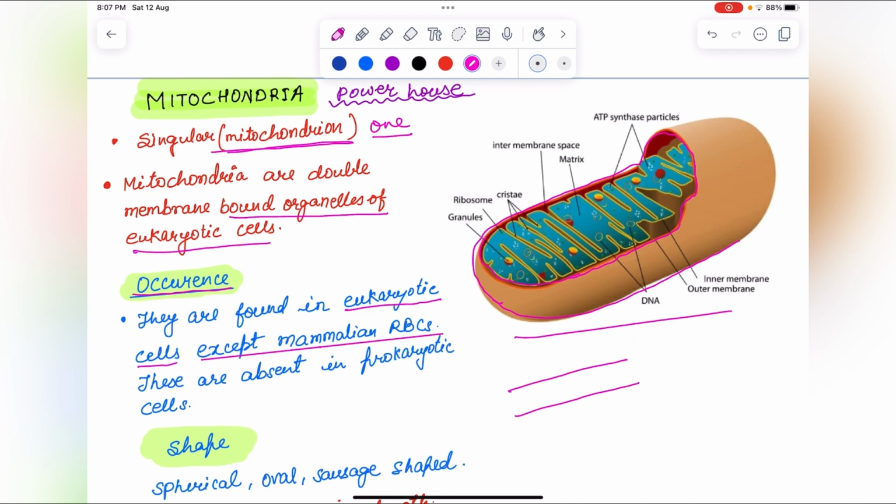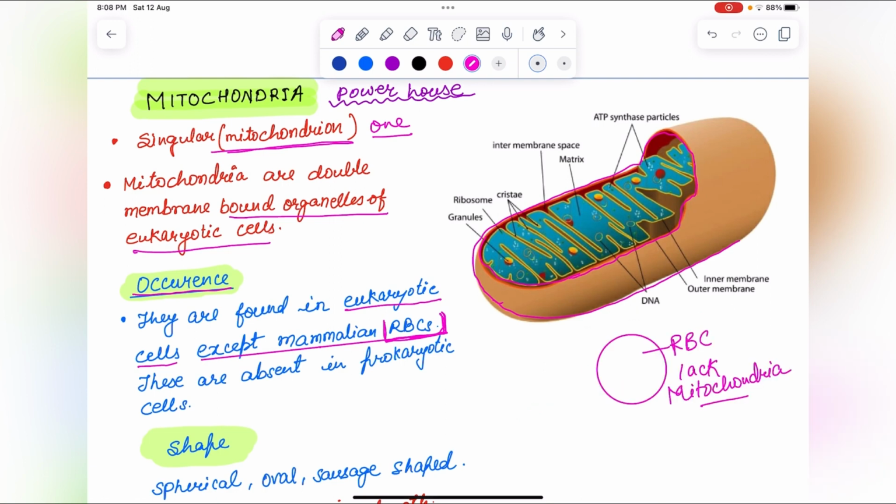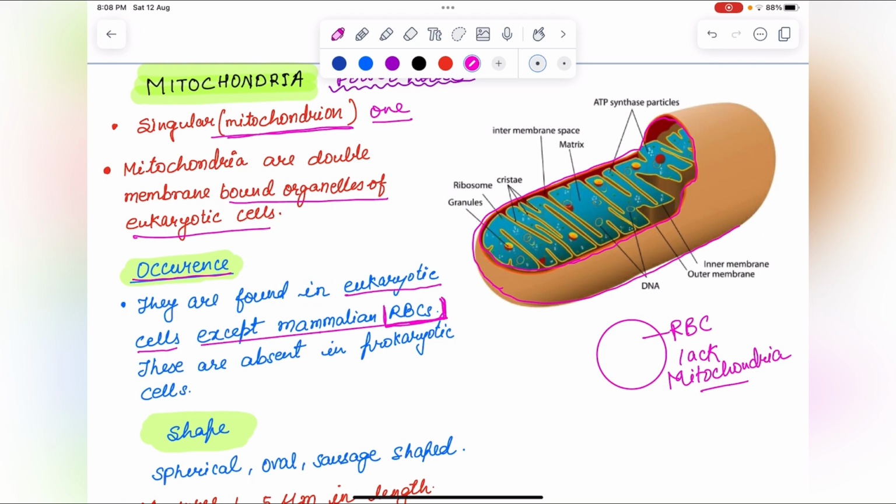If RBC had mitochondria, it would consume oxygen. That's why the mature RBC lacks mitochondria, and anaerobic respiration takes place in RBC.